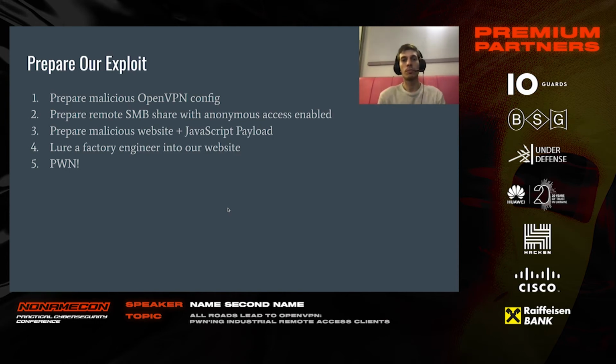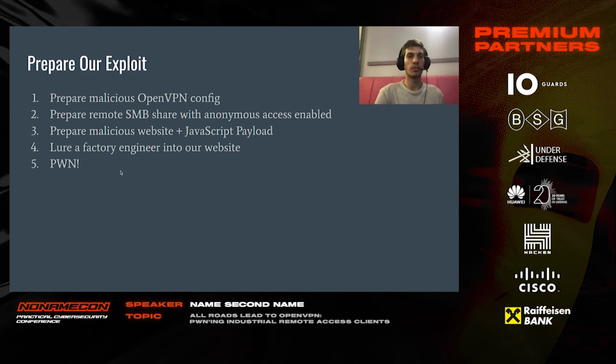Then we needed to prepare a remote SMB share with anonymous access enabled, so everyone could actually pull data from this SMB server. Then we needed to prepare a malicious website with a JavaScript payload, and this JavaScript payload would send a fetch request, an HTTP POST request, to the backend service. And finally, lure a factory engineer, in our case Rachel, into our website, and then we have a one-click RCE.